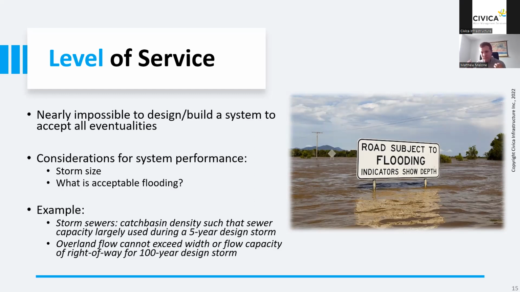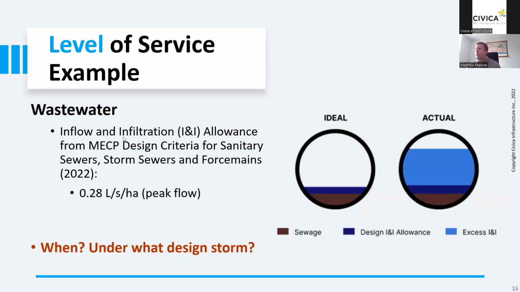So again, contextualizing what you're ultimately providing at the end of the day. And if you do have a 200-year storm, there may be flooding on private property, because in this particular case we've only designed these systems to keep that flow on the street in the public right of way up to a 100-year storm.